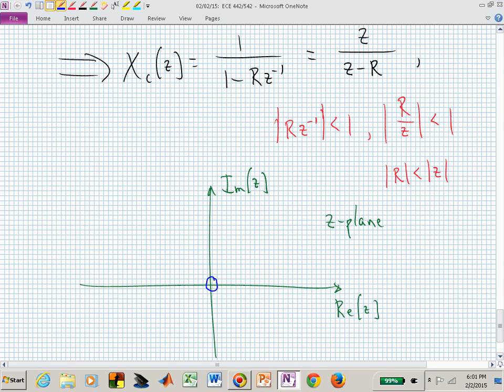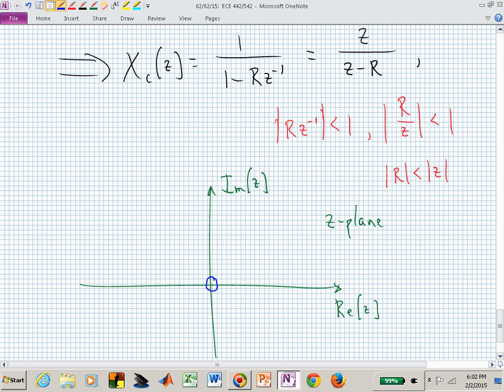That says that z is equal to capital R. If capital R is 6, then z is equal to 6. We have a pole at 6. If capital R was minus 3, the pole would be at minus 3.